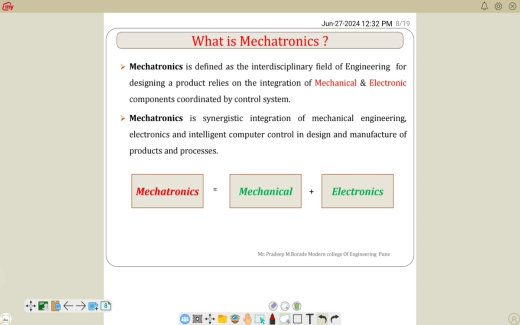It is a combination of mechanical engineering, electronics engineering, and electrical engineering, and this whole structure is controlled by computers, hence computer engineering also. So mechatronics is a synergetic integration of mechanical engineering, electronics, and intelligent computer control in design and manufacture of products and processes.